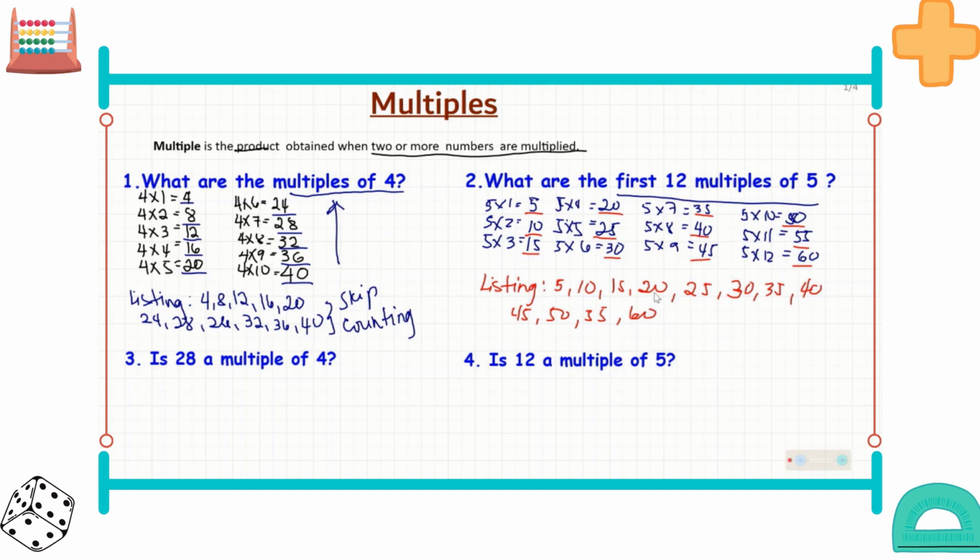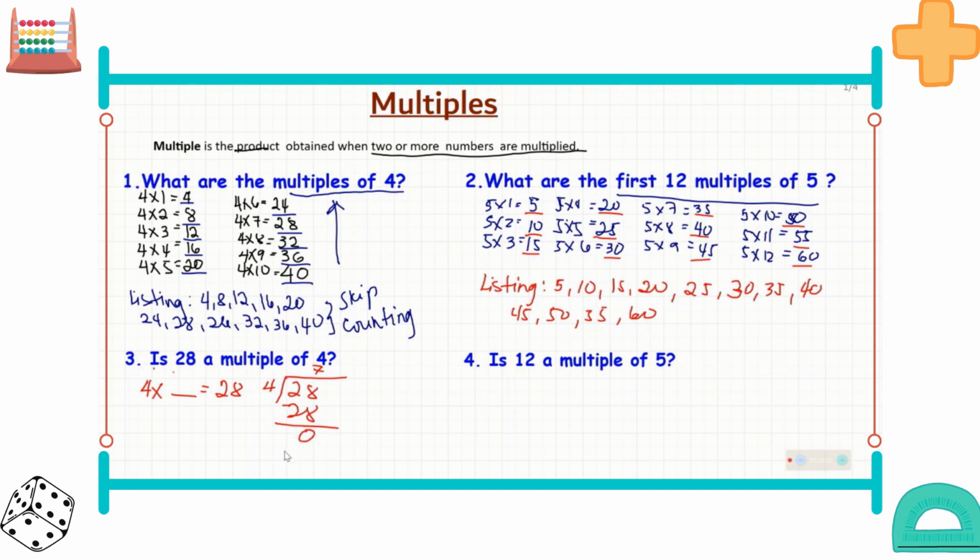Next, what if we want to know if a number is a multiple of another number? Like this one: is 28 a multiple of 4? It's like asking, what number, when multiplied by 4, will give you 28? To do this, all you need to do is divide 28 by 4. 28 divided by 4 is 7. 7 times 4 is 28.